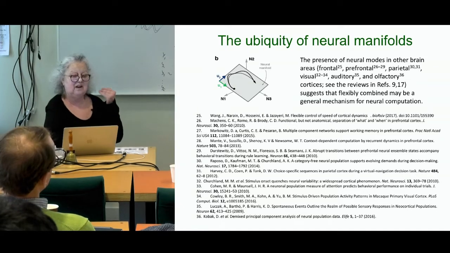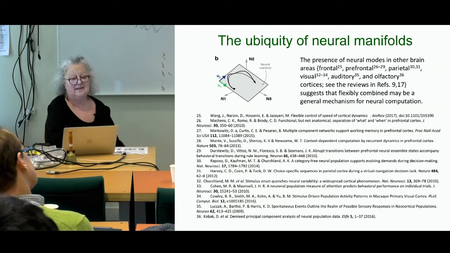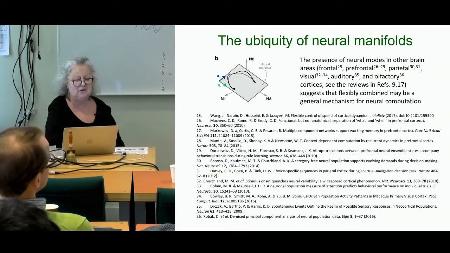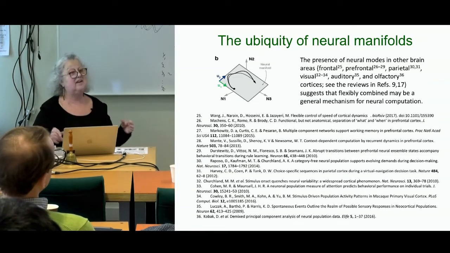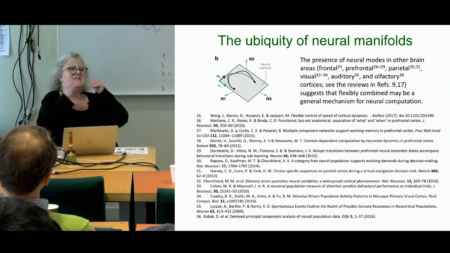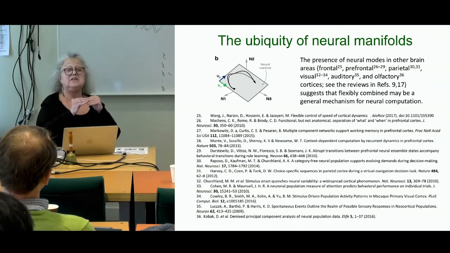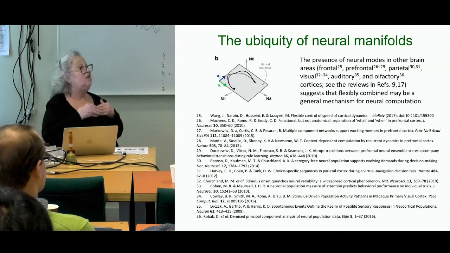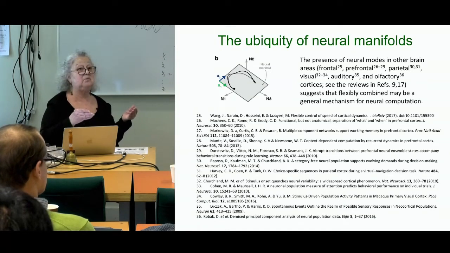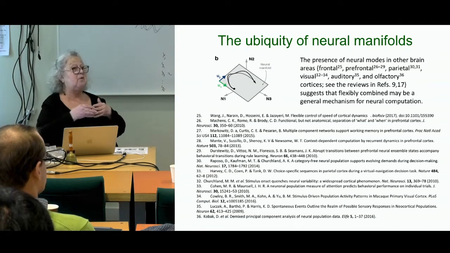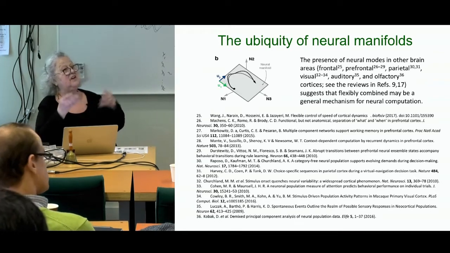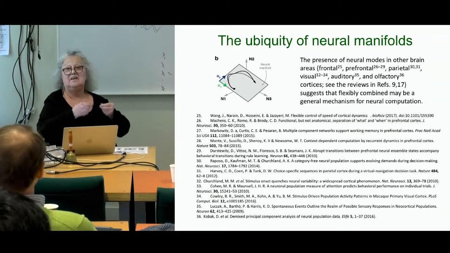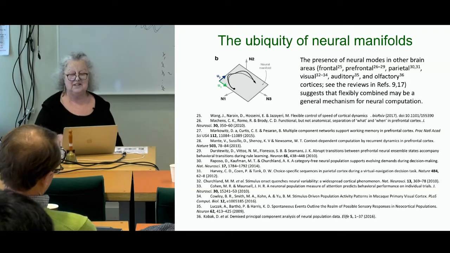They are found in frontal and prefrontal and parietal areas, in sensory areas such as visual, auditory, and olfactory cortices. So our idea was that these are really the building blocks that we should look into in order to try to understand how the brain processes information, how the brain uses neural activity in order to compute, as opposed to looking at a population thinking that every neuron is the correct independent object to look at.